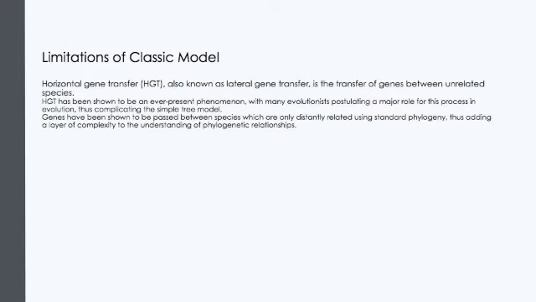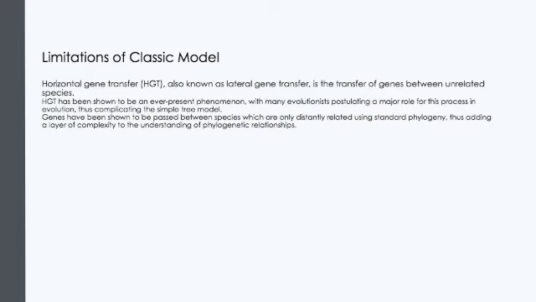Horizontal gene transfer, also known as lateral gene transfer, is the transfer of genes between unrelated species. Horizontal gene transfer has been shown to be an ever-present phenomenon, with many evolutionists postulating a major role for this process in evolution, thus complicating the simple tree model.